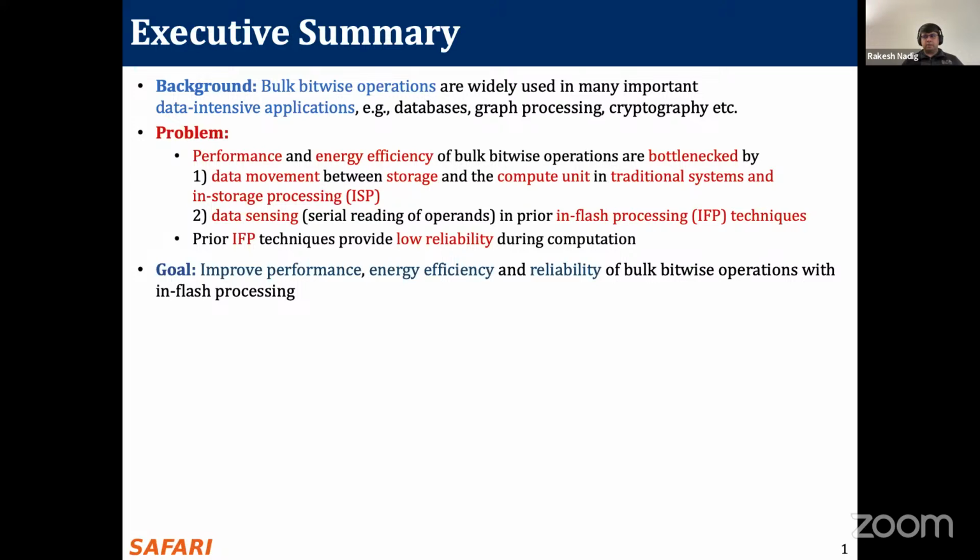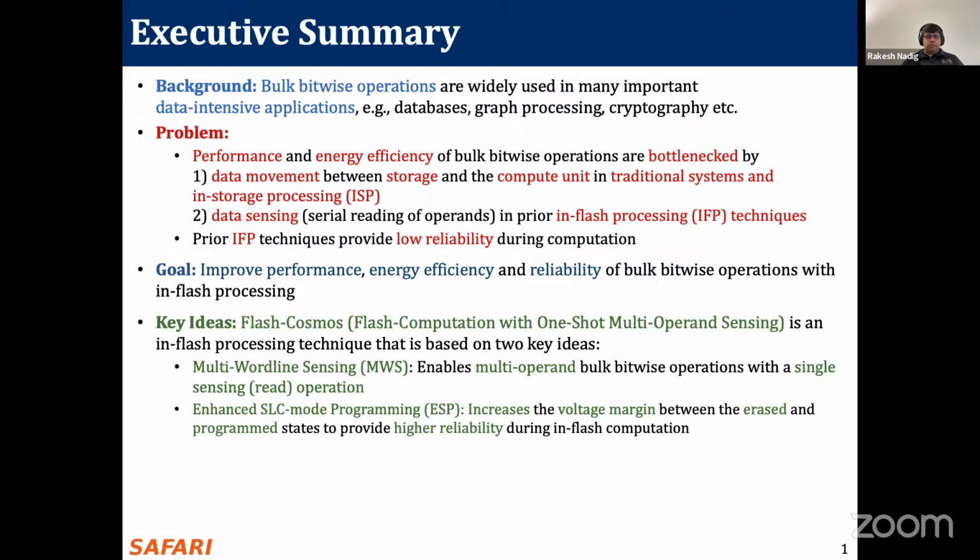So the goal of this work is to improve the performance, energy efficiency, and reliability of bulk bitwise operations. How can we achieve this with in-flash processing? To this end, we propose Flash-Cosmos, Flash Computation with One-Shot Multi-Operand Sensing. This is an in-flash processing technique based on two key ideas.